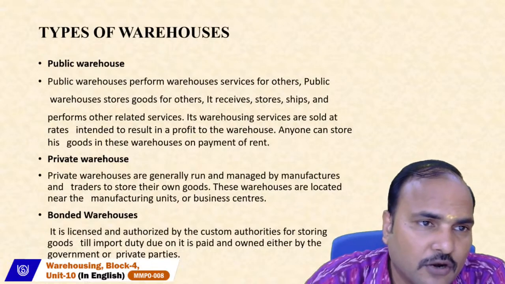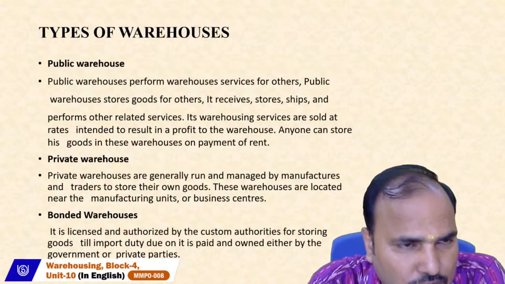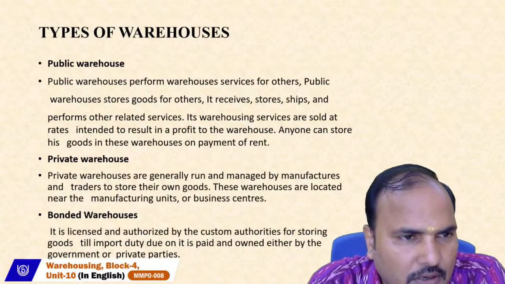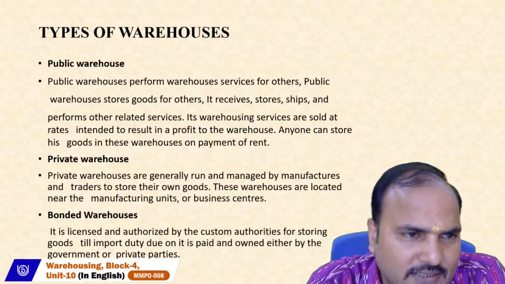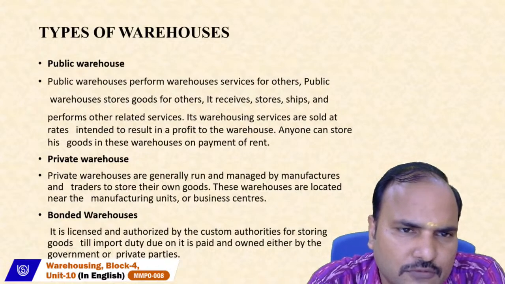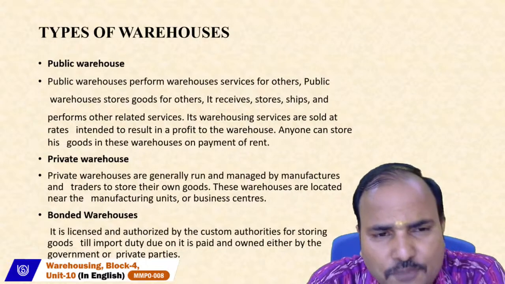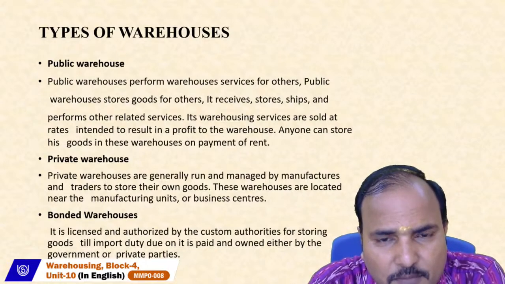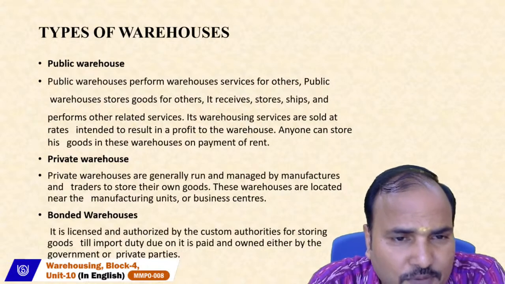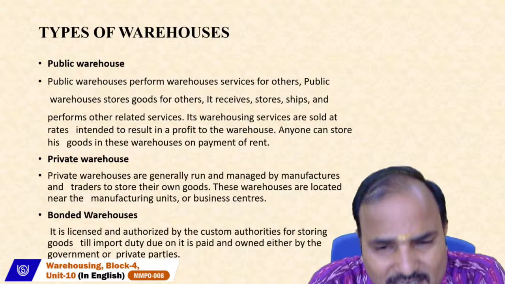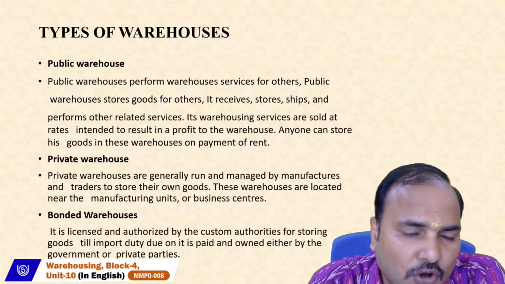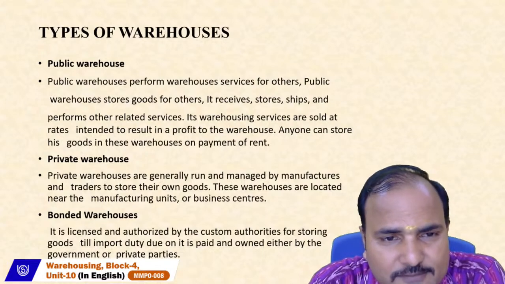Now let us move on to the types of warehouse. What are the different categories or types? One is public warehouse. What do you mean by public warehouse? Public warehouses perform the warehouse services for others. Public warehouse stores goods for others. That means it receives, stores, ships, and performs other related services.